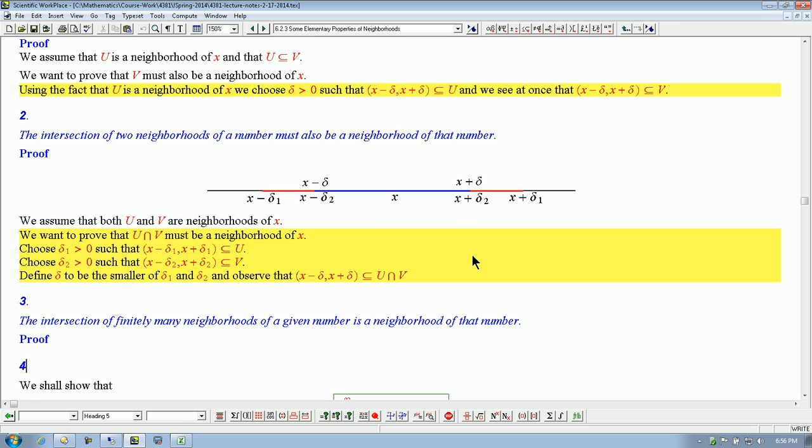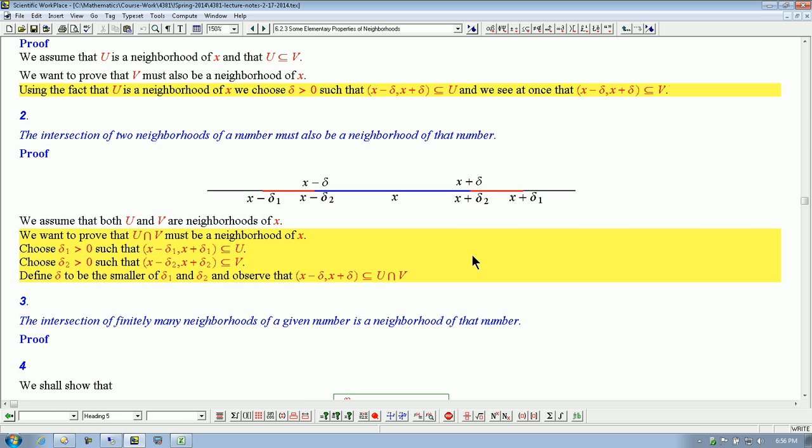So anyway, what if you had 55 neighborhoods? I'm going to give you an alternative proof. If you've got 55 neighborhoods called U1, U2, U3, U4, U5, all the way up to U55, you choose delta 1 greater than 0 such that the interval from x minus delta 1 to x plus delta 1 is included in U1.